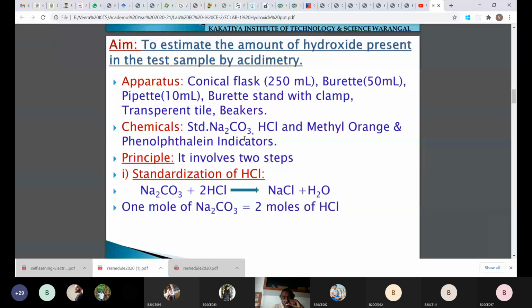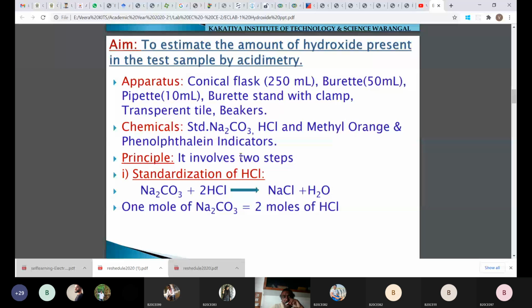Okay, so in order to estimate the concentration of hydrochloric acid, you take a standard sodium carbonate solution. So this reacts with the hydrochloric acid, using some indicators. Okay. So why do you need indicators?